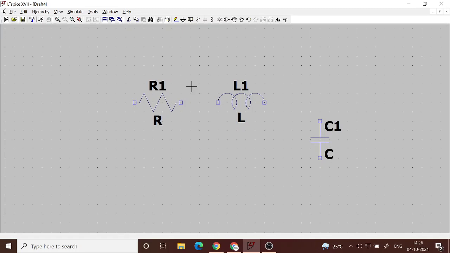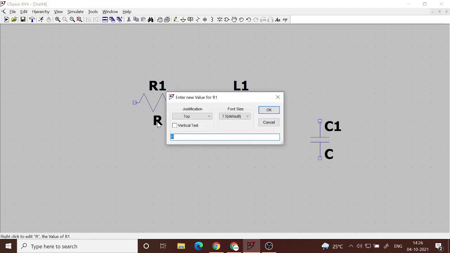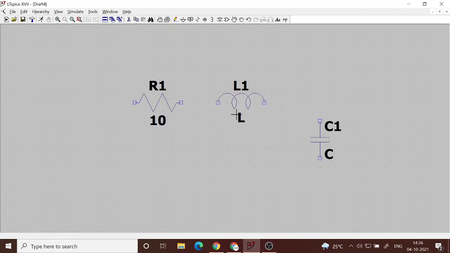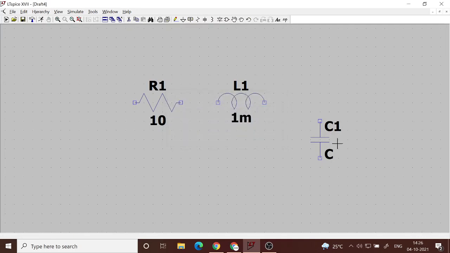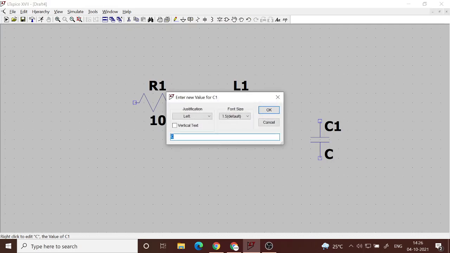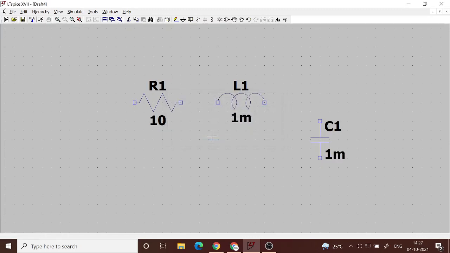Okay, now I'm going to specify the value of this one as 10 ohm, and this one as say 1 milli, and then, okay, these are the values that we have taken earlier, so I'm putting the same 1 milli here also. I mean, these values are not really practical values in the lab, but since I have used them in the earlier simulation, I'm putting the same values here.